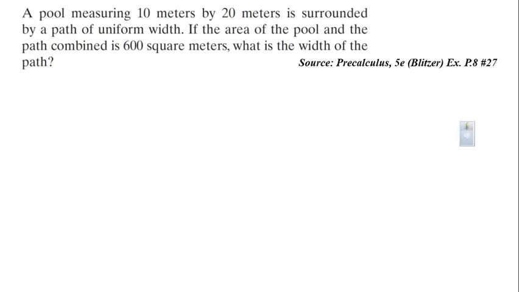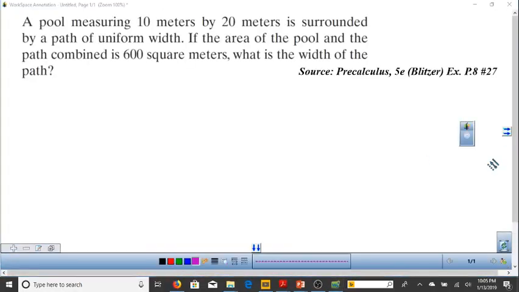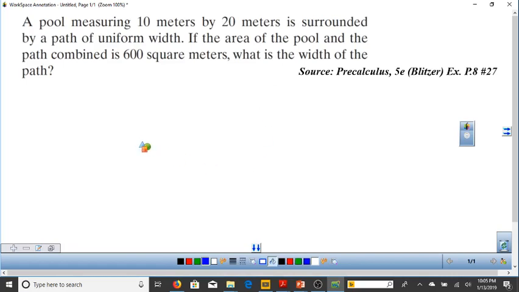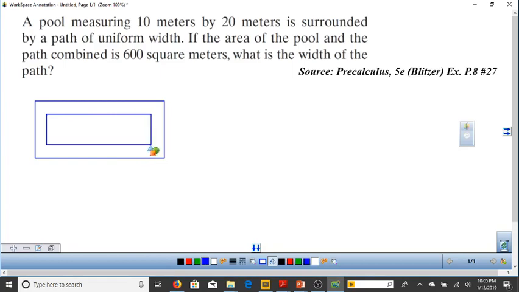So what we will do is we'll go back through the question and represent the information that they give us. So let's go here. They say a pool measuring 10 meters by 20 meters is surrounded by a path of uniform width. So if I were to represent that, this is not going to be drawn to scale, of course, but let's just say that this is the path and the pool.